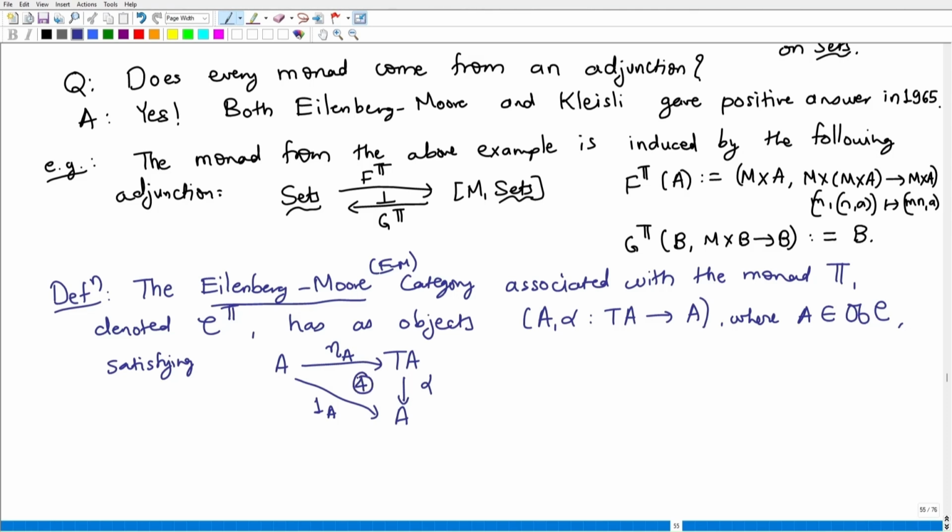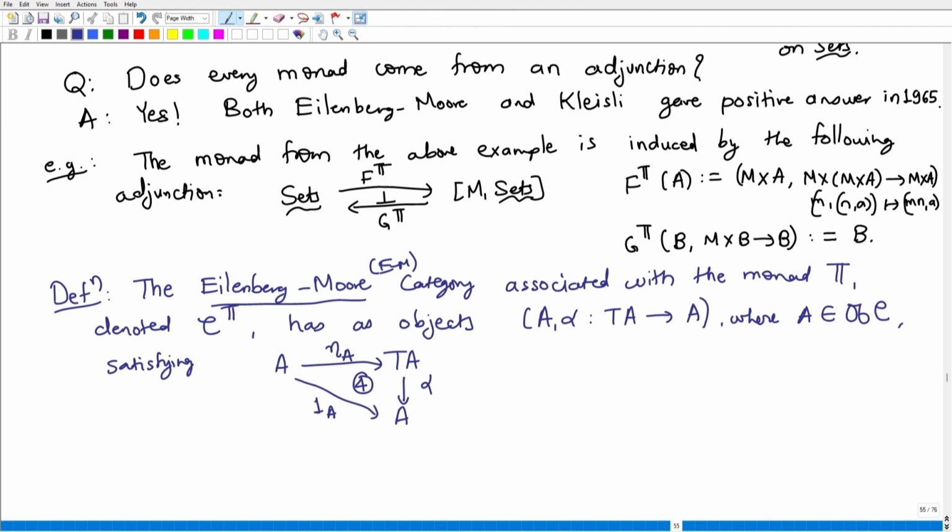So what does this particular thing say? This is diagram number 4. What does it say? So the name for this is that A is an algebra with algebra operation alpha. Okay, so A is called a T-algebra. (A, alpha) is called a T-algebra.